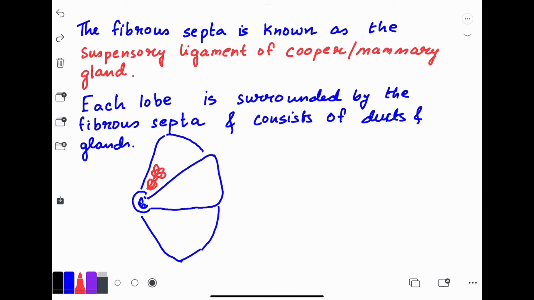Each of these lobes contains these ducts and glands. This part is the areola, the region surrounding the nipple, and this is the nipple. As I said earlier, this is one lobe. 15 to 20 such lobes are usually present.